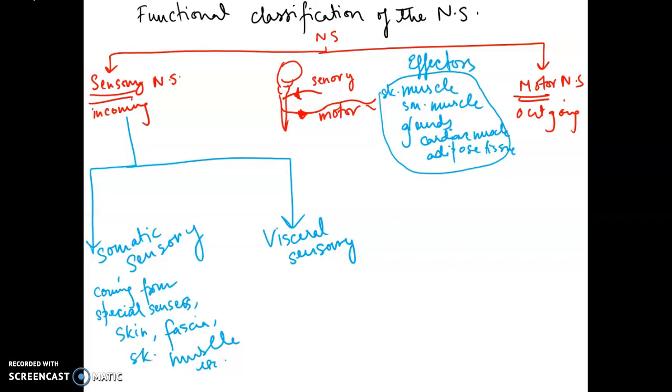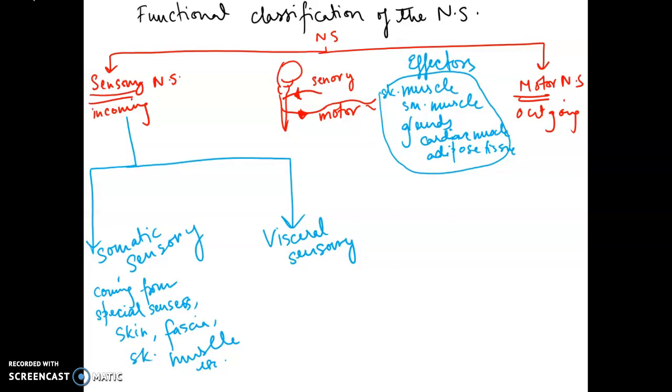Visceral sensory, now we don't realize this, but your central nervous system is always receiving sensory information from your viscera. What do we mean by viscera? Viscera are the internal organs and structures. For example, our central nervous system is always receiving sensory information about our blood pressure, body pH, heart, cardiac output, and so many other things, body temperature.